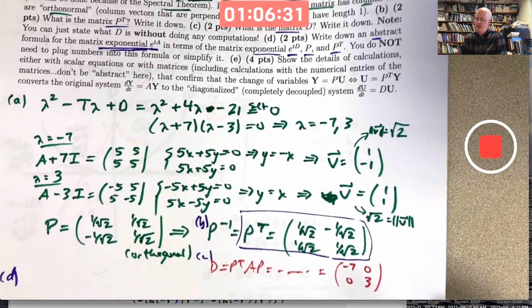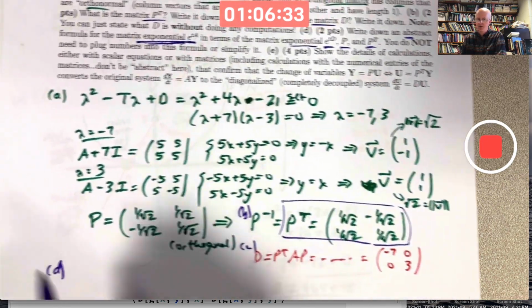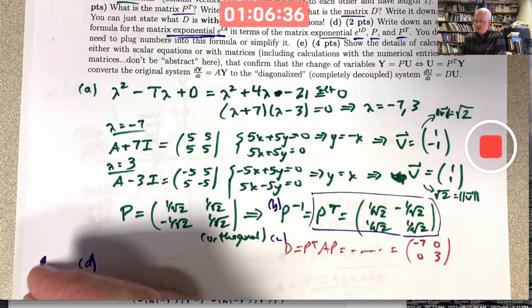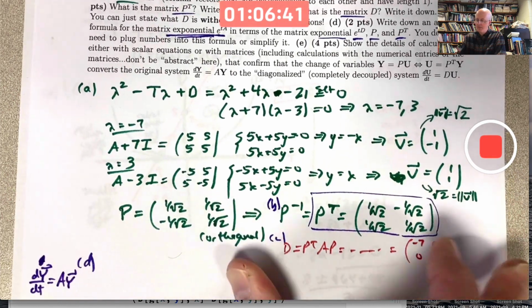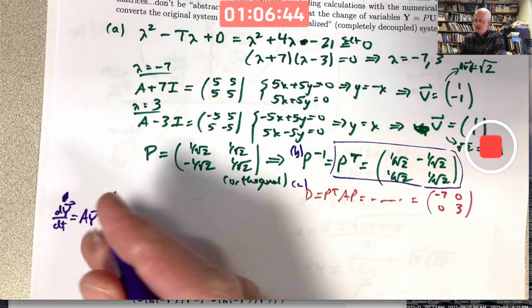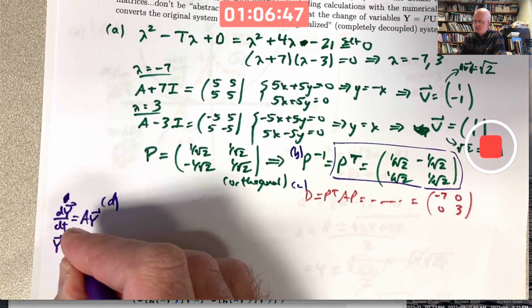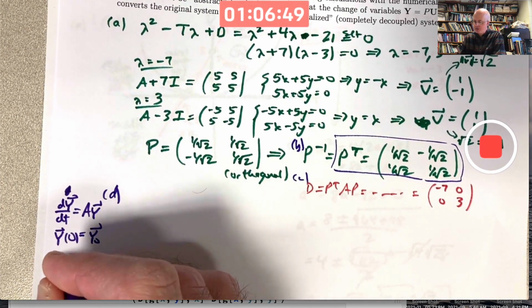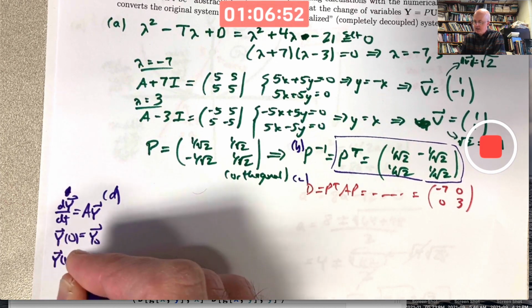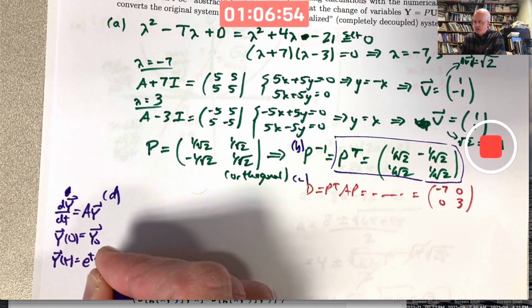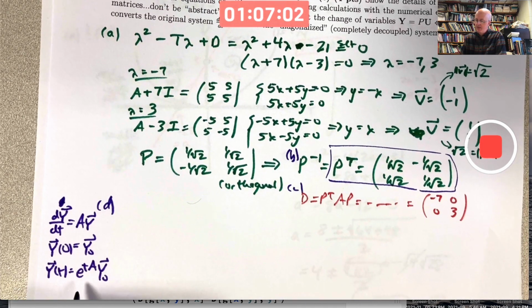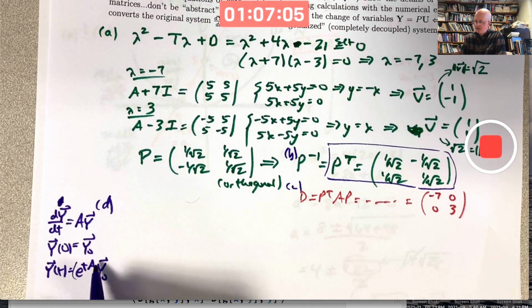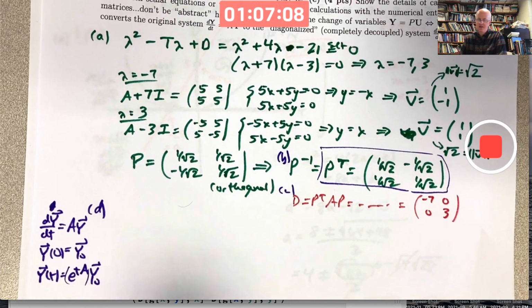In fact, you could say the solution of the differential equation dy/dt, d vector y dt equals A times the vector y that satisfies an arbitrary initial condition, say y of 0 equals y sub 0, is y of t equals e to the tA times y0, where e to the tA is this matrix exponential, e raised to a matrix power that can be defined by Taylor series. This does end up being a matrix times a vector, without going into details.